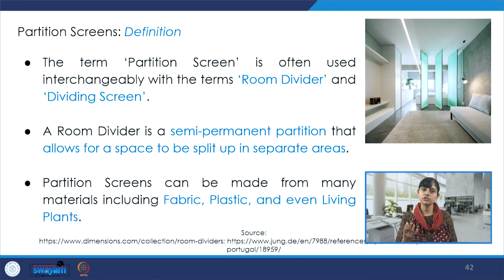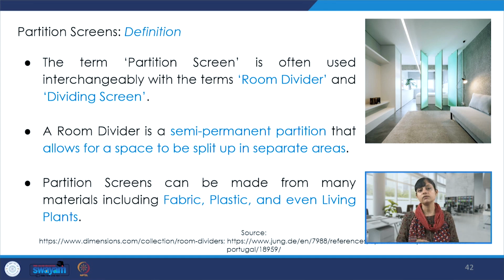So by definition, partition screen is often used interchangeably with terms room divider or dividing screen. And it could be like a semi-permanent partition that allows for a space to be split up in separate areas. Sometimes we could maintain visual connectivity, sometimes there could be a complete blockage to the visual connectivity, depends what is the purpose that we are using the partition screen for, or in which space we are trying to introduce it.